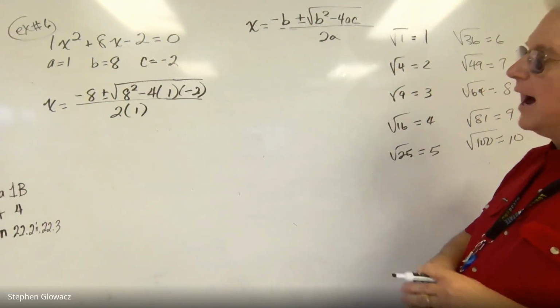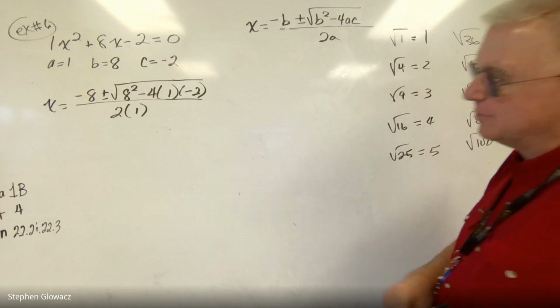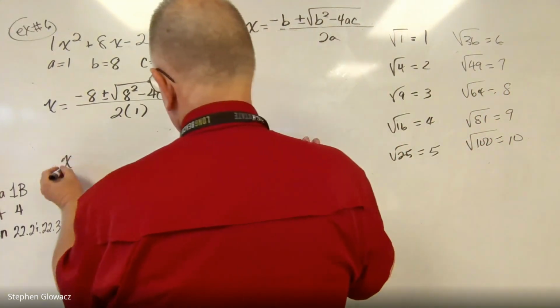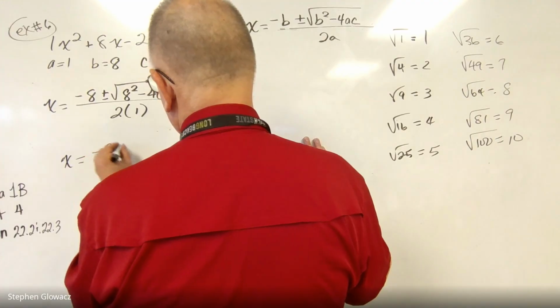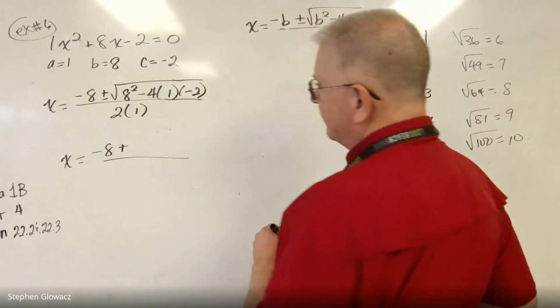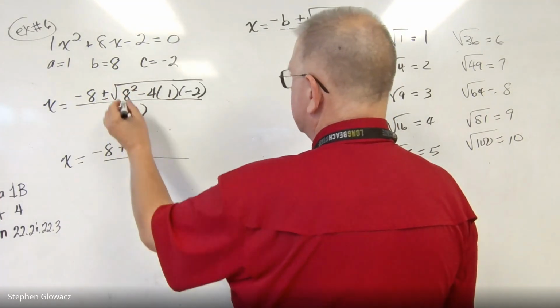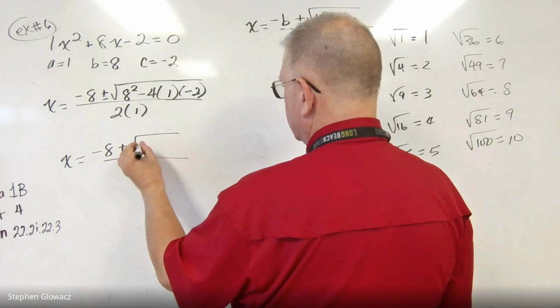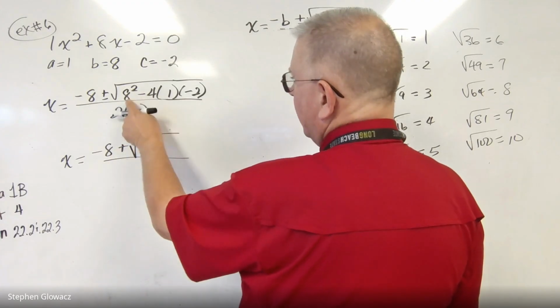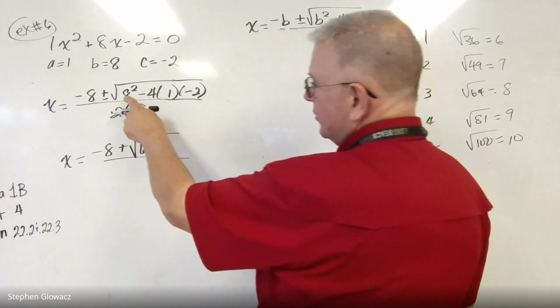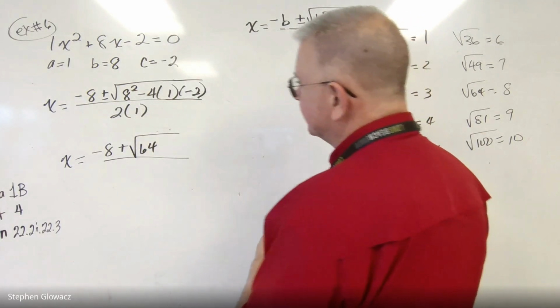And so now let's go ahead and start simplifying here. We start working this out. We have negative 8, and here we have 8 squared, which is 64. Remember, 8 squared means 8 times 8. We're going to take the number 8, multiply 2 of them.